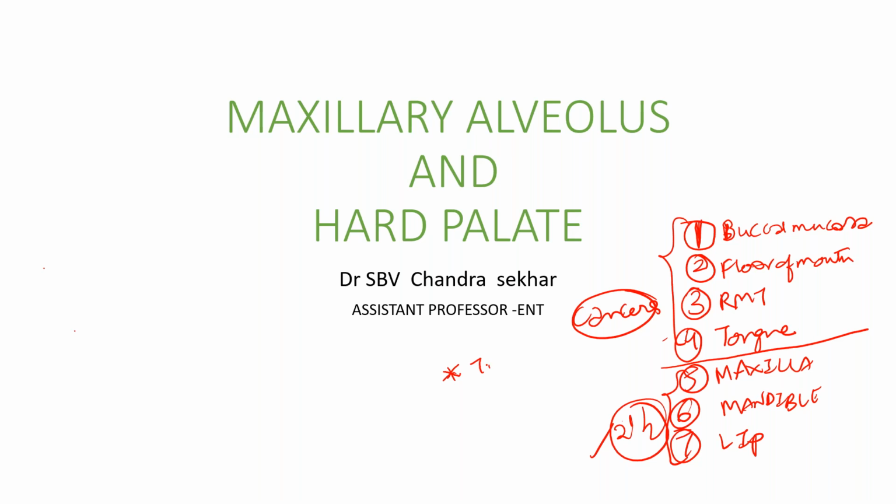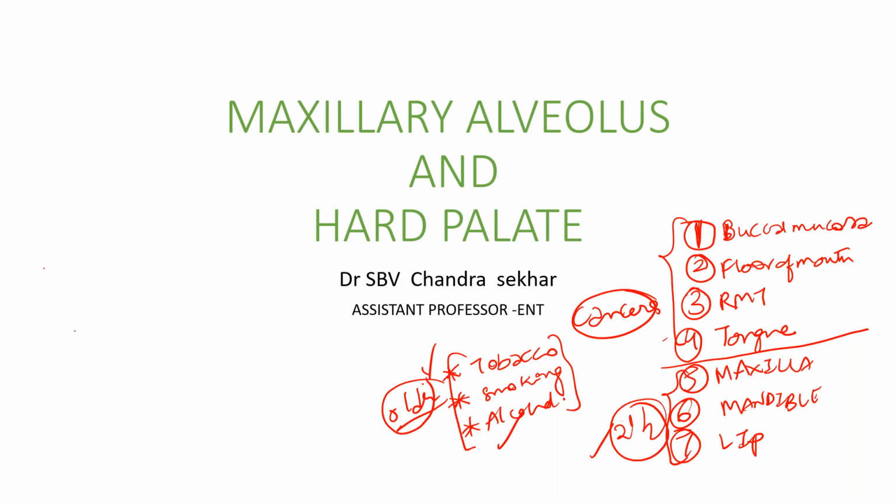The most important risk factors are tobacco chewing, then smoking, and then alcohol. Most of them present at an older age group only. All of them are not uncommon, except that buccal mucosa, along with the alveolo-buccal complex, is the most common in India. You should keep it in mind.